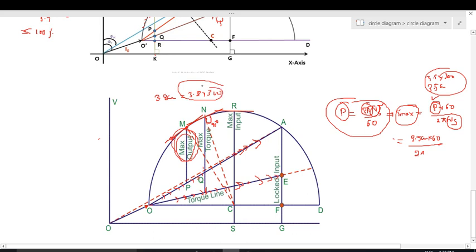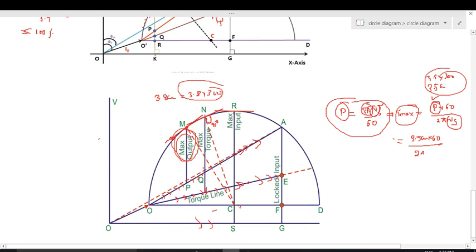Next, if you want to draw the maximum input, generally this is the input line, because it consists of constant losses, stator copper losses, rotor copper losses, then output. Look at once.